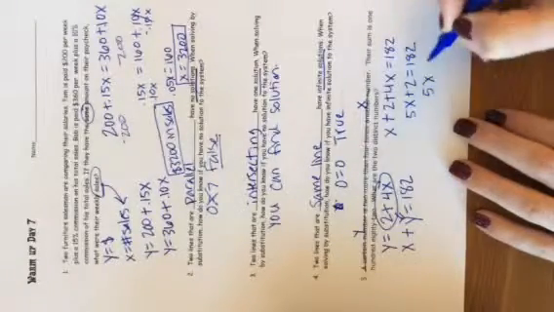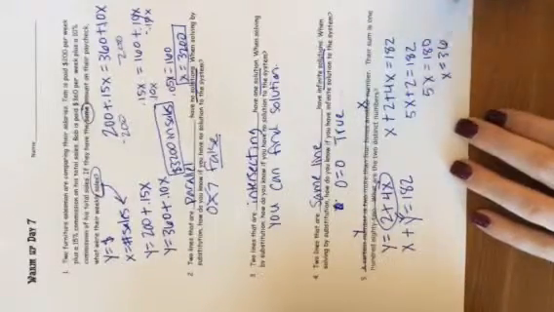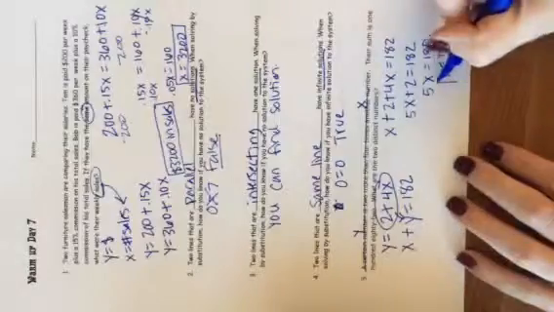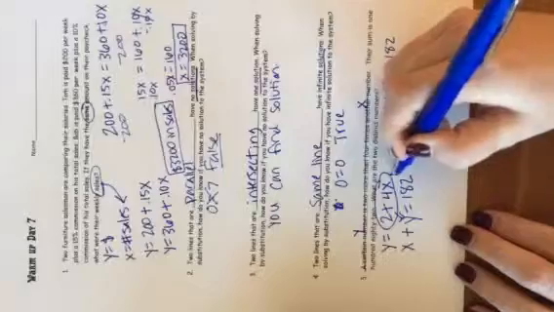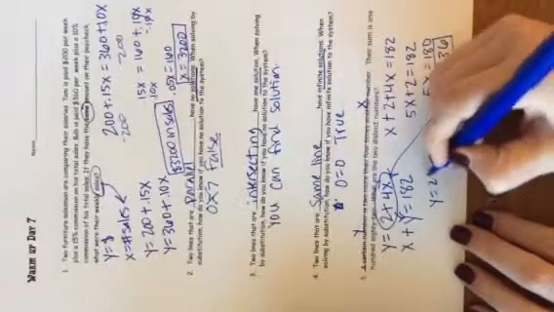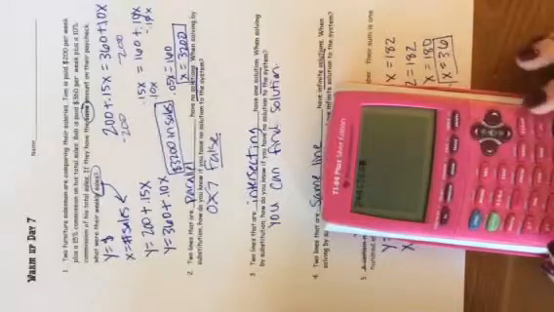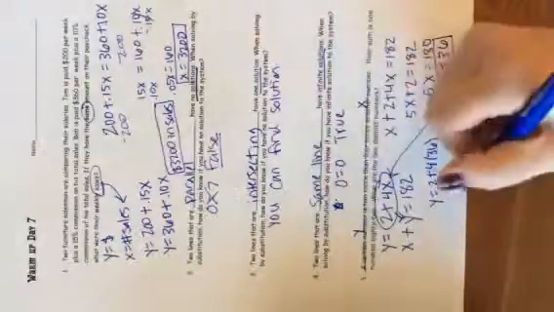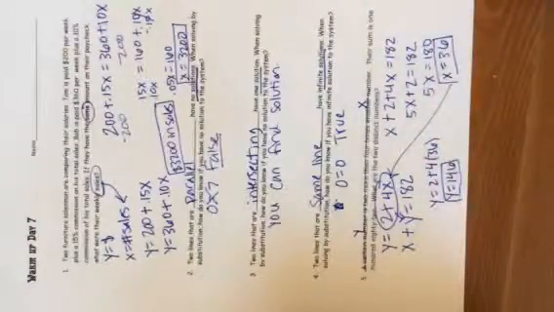Subtract over the 2. 5x equals 180, which tells me that x equals 36. Okay, so one of my numbers is 36. If I want to find the other number, I'm going to plug this back in here. Y equals 2 plus 4 times 36. 2 plus 4 times 36 is 146. Okay, so my answer, 36 and 146.